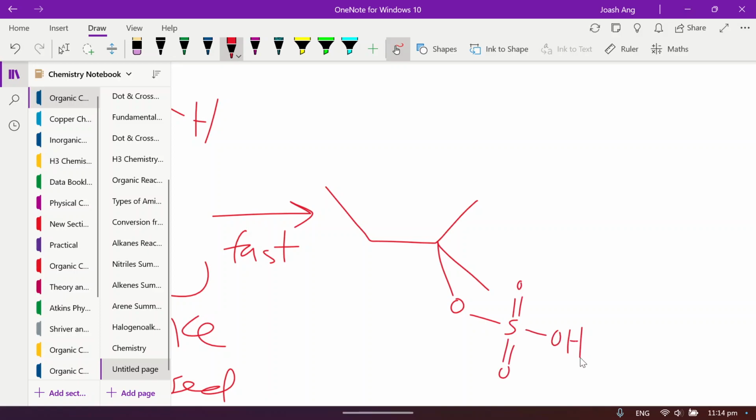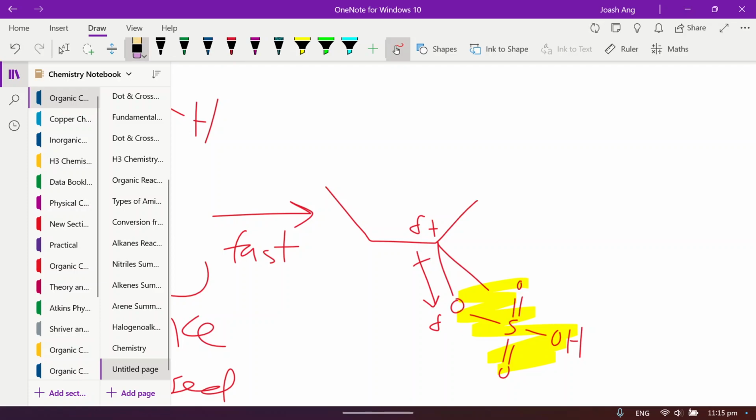Okay, so what's next? What's next is you know that this group right here contains many highly electronegative atoms such as oxygen. So in this case, it causes a net dipole moment of the CO bond right here, and this results in a polar bond that has a partial positive charge on the carbon.